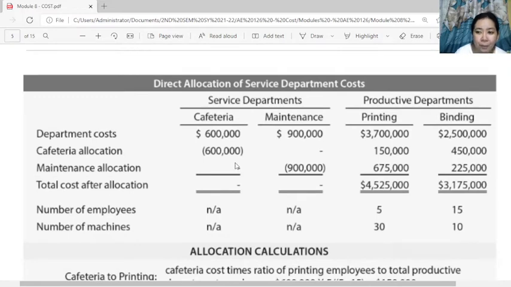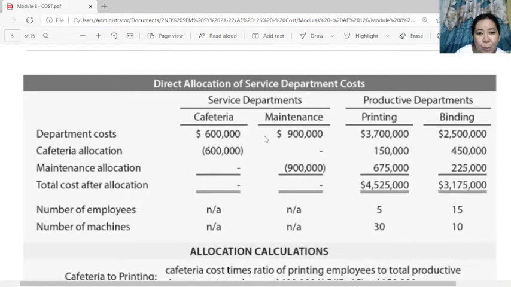In allocating the service department cost using the direct method, for service departments we have here cafeteria and maintenance. The departmental cost for cafeteria is 600,000, and for maintenance is 900,000.